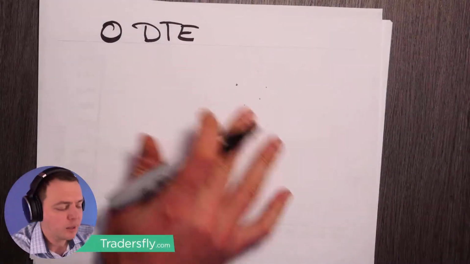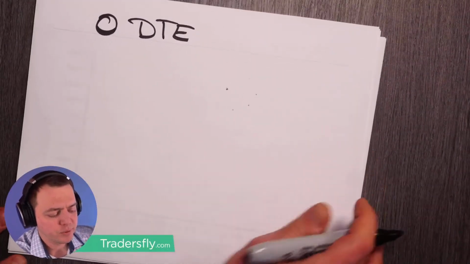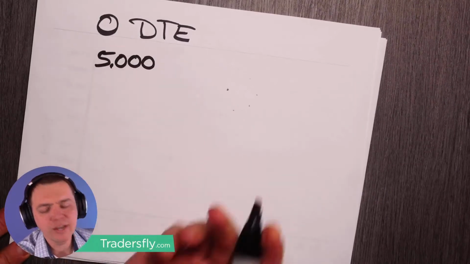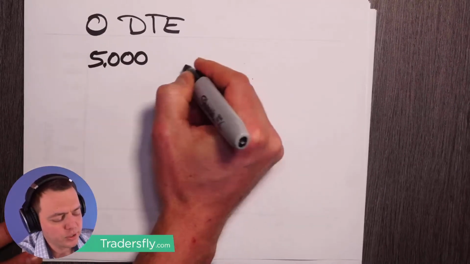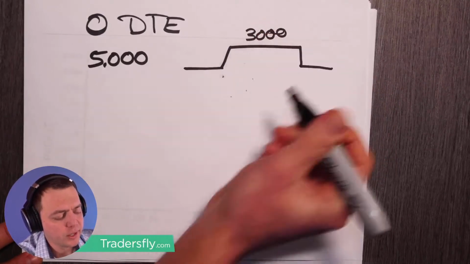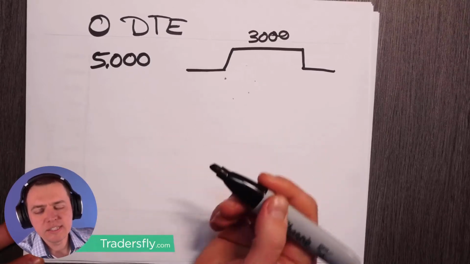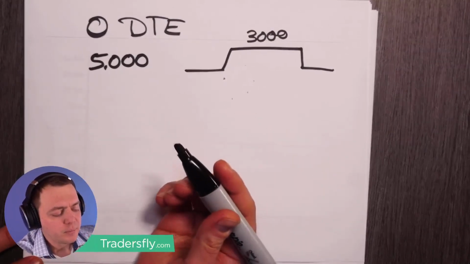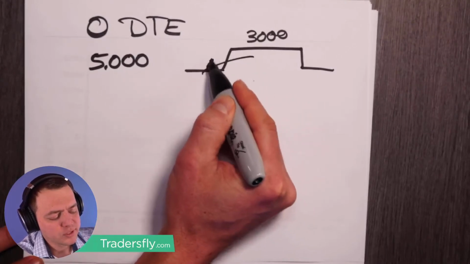What a lot of people don't recognize with zero DTE trades is you're putting a lot of capital in there. Let's say you've got $5 grand, and maybe you put on an iron condor on the SPX, and you put in like $3 grand. You know you're making money, and it seems good, like day in and day out, every day you're making capital. But then all it takes is one big move to take you out.